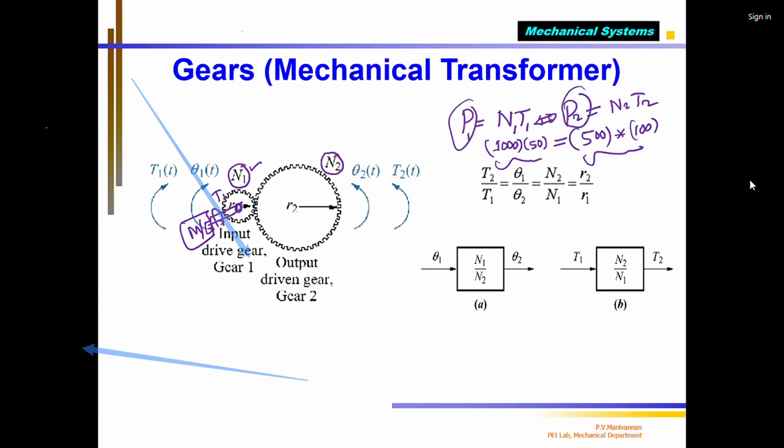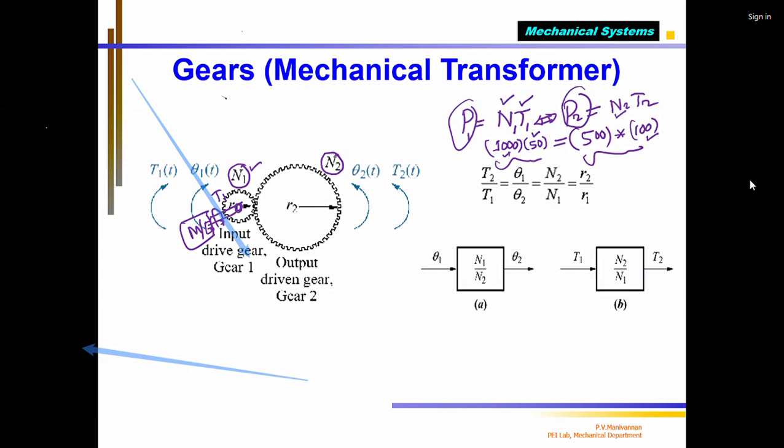From this, what we understand is, if my input shaft is rotating at 1000 RPM and input torque is 50, then if the output speed is less, by 2 times, the torque will multiply. Input speed is higher, the output is exactly half. That means input torque is 50, output torque will be twice. So that means I can amplify.